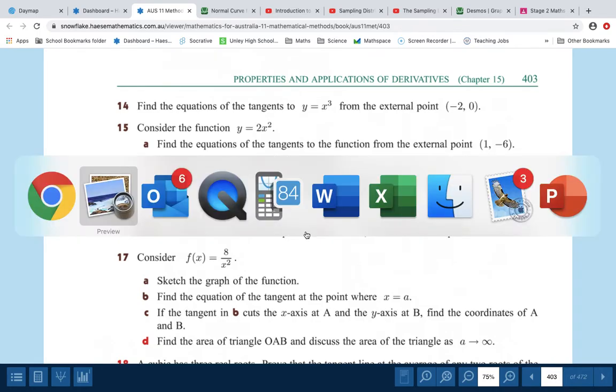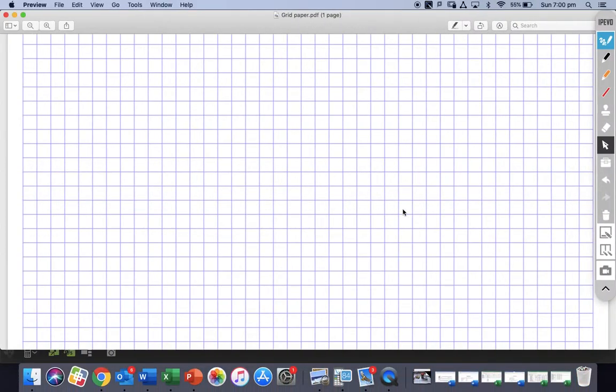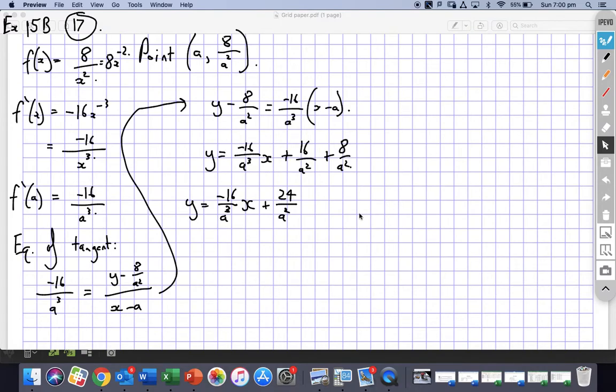Cuts the x-axis at A. So what does it mean to cut an x-axis? Right, an x-intercept.